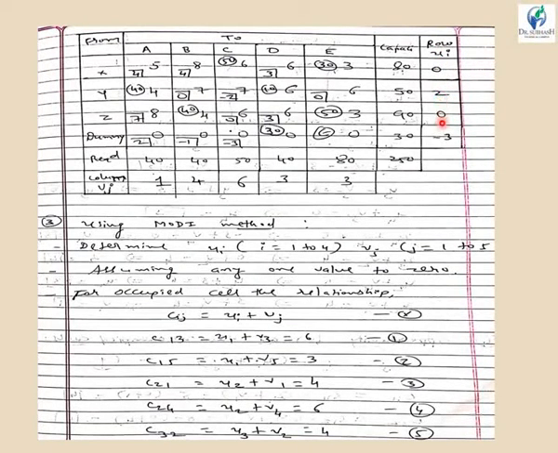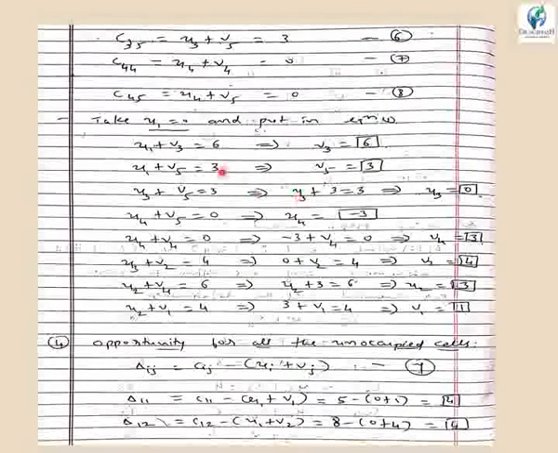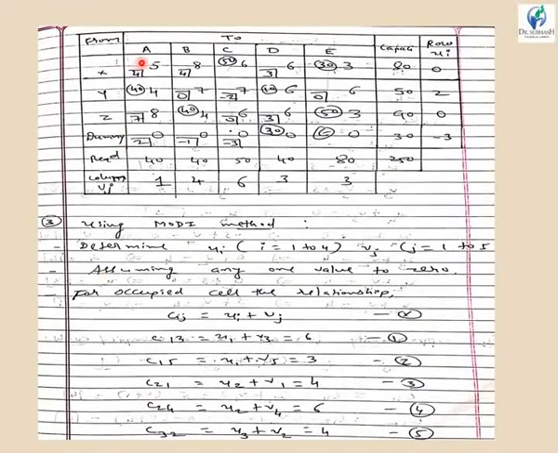So I have obtained u1, u2, u3, u4, v1, v2, v3, v4 from these equations, and I have substituted them in this table. Now finding out the opportunity cost for all the unoccupied cells. The relationship is delta ij is equal to Cij minus (ui plus vj). The unoccupied cells are those in which there is no allocation.